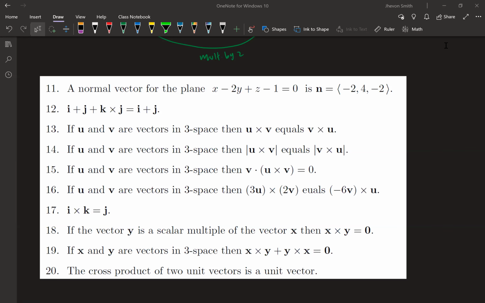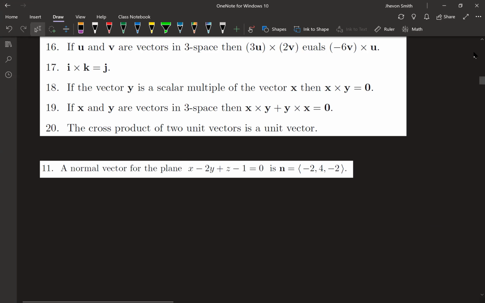Most people believe it's true. Okay, 77% believe it's true. I'll stop the polling right there. 23% believe it's false.